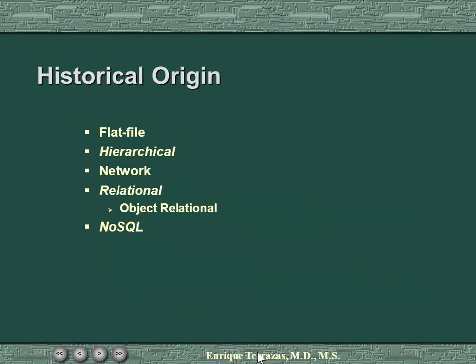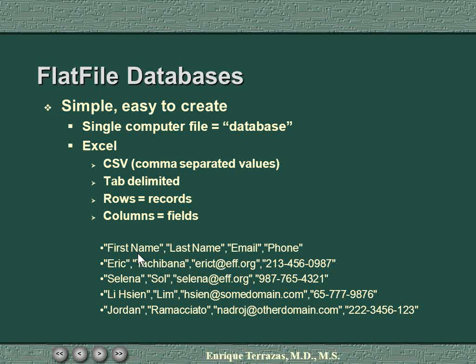There's several different types of databases. I put in italics the most important ones: hierarchical, relational, and NoSQL, which is the newest type of database. So flat file databases are simple, easy to create. A single computer file is your database.